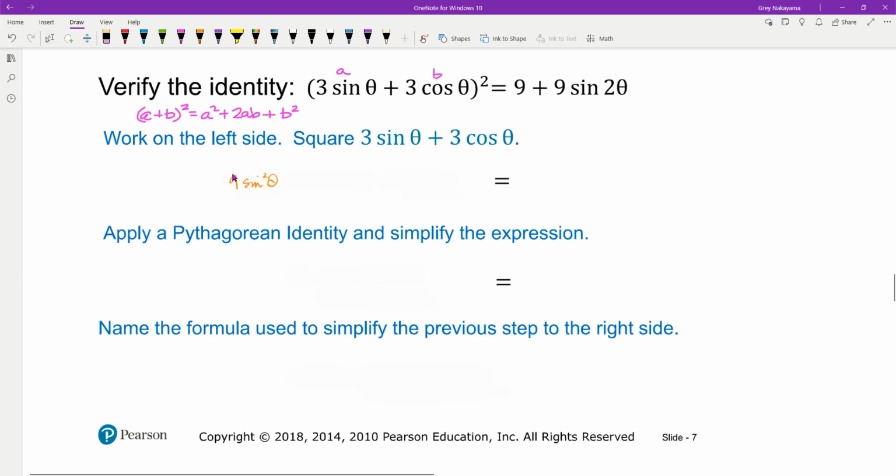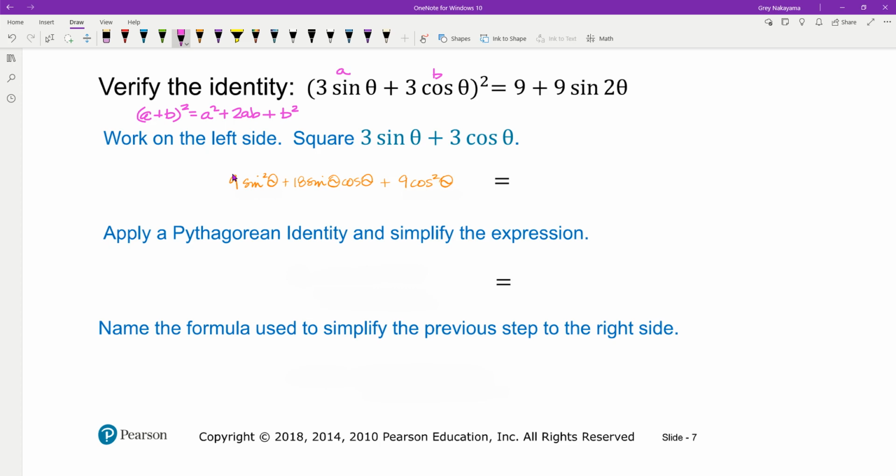So that's going to give me 9 sine squared theta. Then I multiply them together. 3 times 3 is 9, sine times cosine times 2. 9 times 2 is 18. So that's going to be plus 18 sine theta cosine theta. And then I'm going to square the last term, which is going to be plus 9 cosine squared theta.